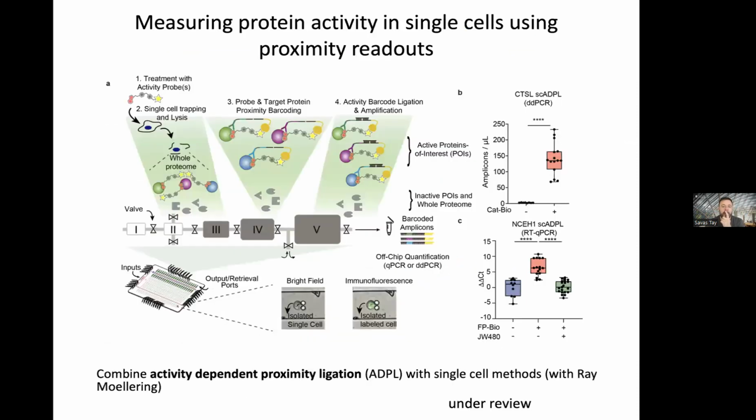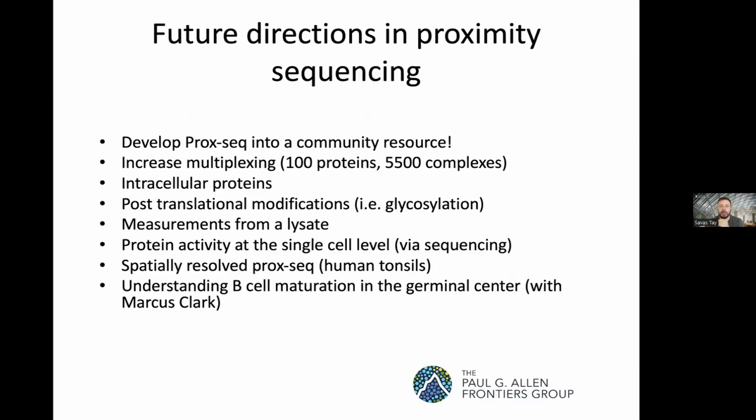Okay, that's all I will say about this. I don't want to talk a lot longer. It's been about 40 minutes. Just to summarize, we are developing these new tools into a community resource, increasing the multiplexing capability. Now we can measure a few thousand protein complexes, moving into intracellular proteins.